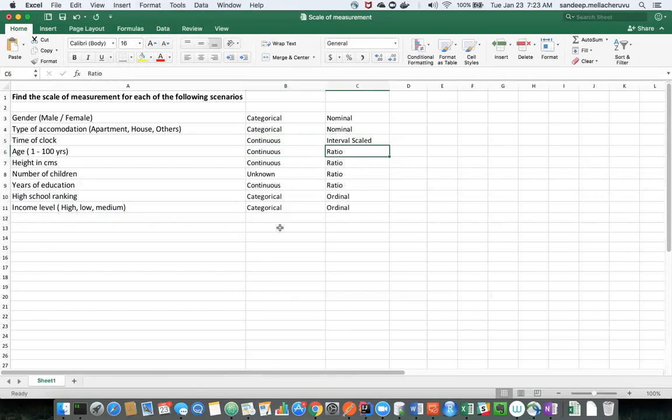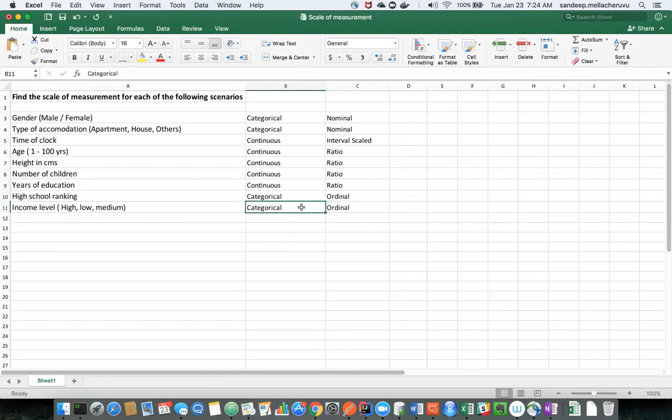And ratio scaled, continuous. All of these are continuous. And number of children, we had some debate and we thought, okay, we'll keep it as an unknown. But since it is a ratio scale, it definitely means that it is continuous. Ratio is continuous. Ordinal is categorical, and ordinal again is categorical.